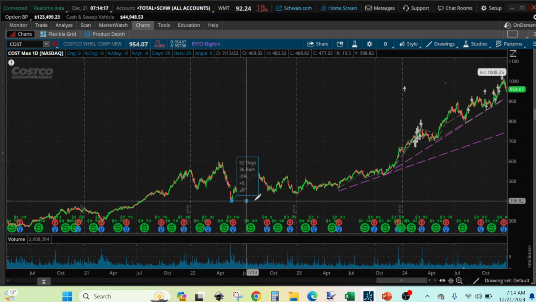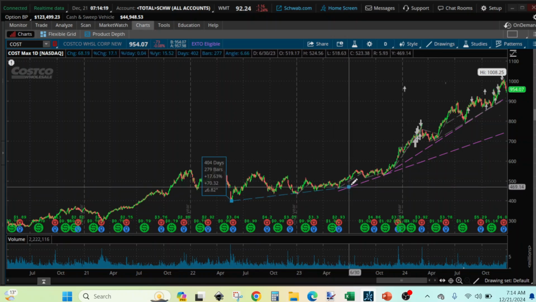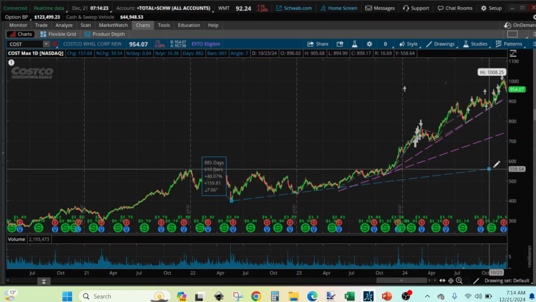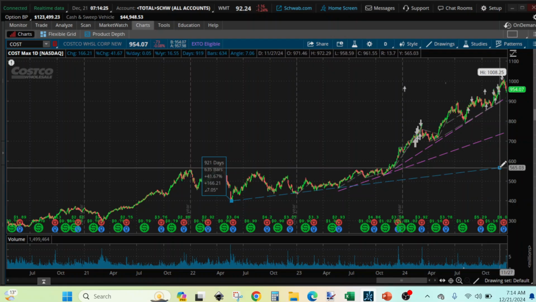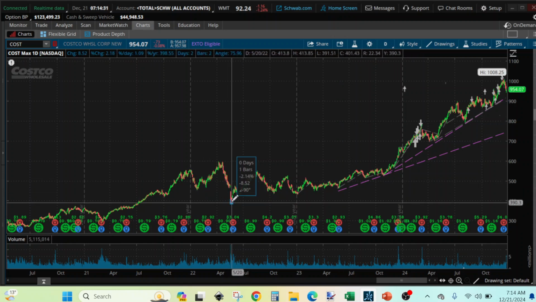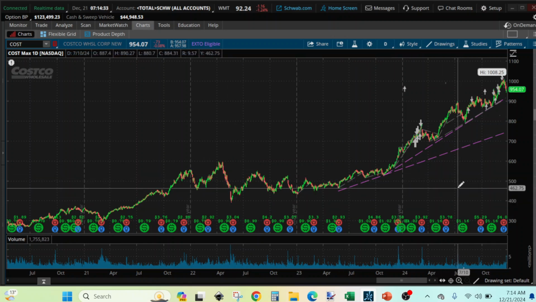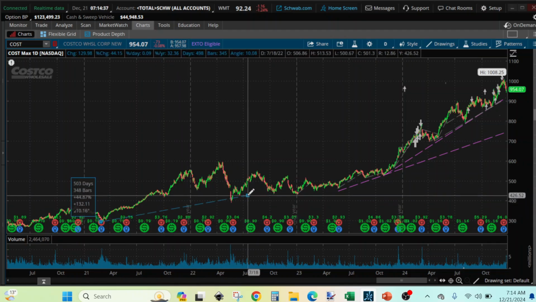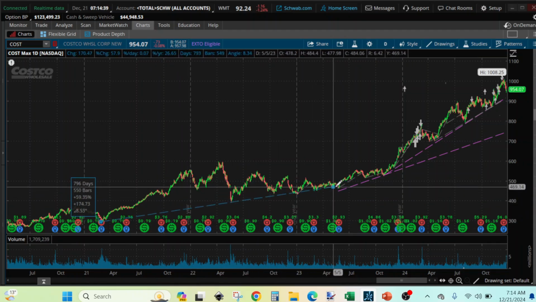If I try to connect this to those lows, it will give me a lower line here, but I don't think it's going to come back down that low, so I will not trace this one. But yes, let's see how many touch points I could have here.